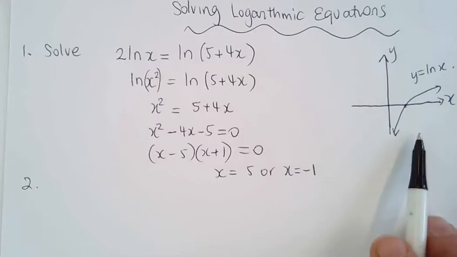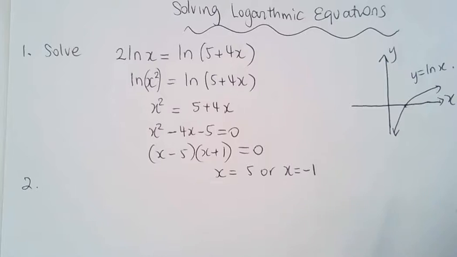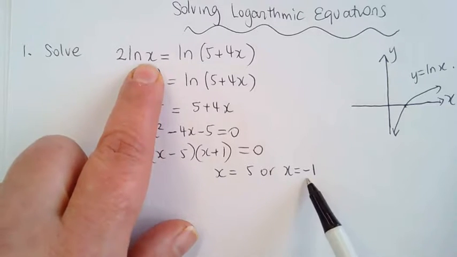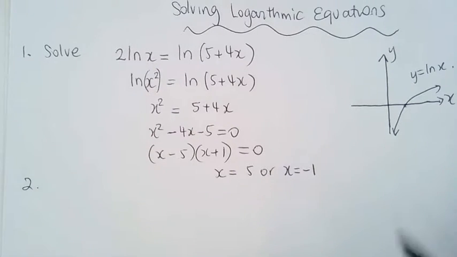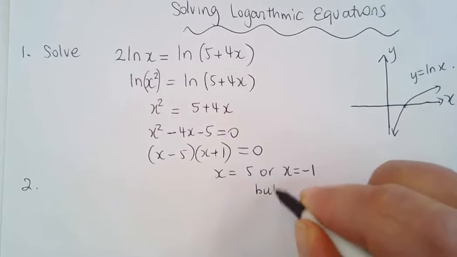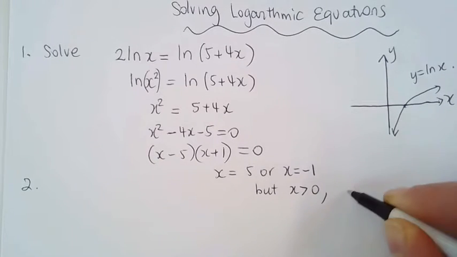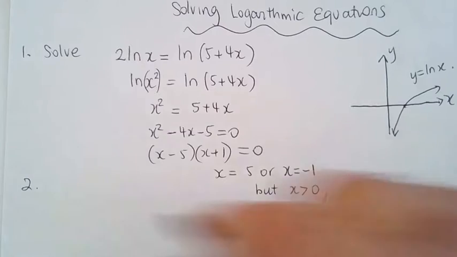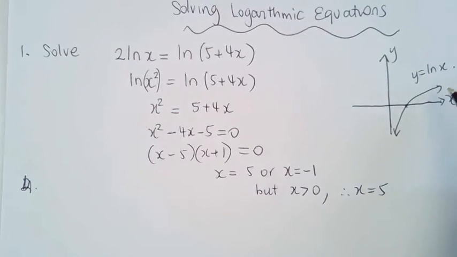Tell me what values of x you can never have. Go to your calculator and put log of 5. But you put log of -1 and you get undefined. So x has to be positive. Therefore, x is 5.